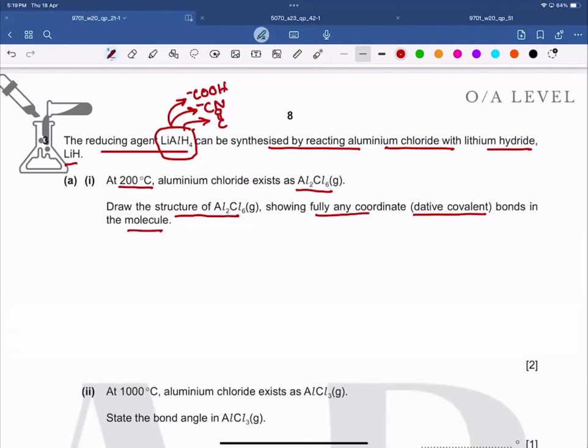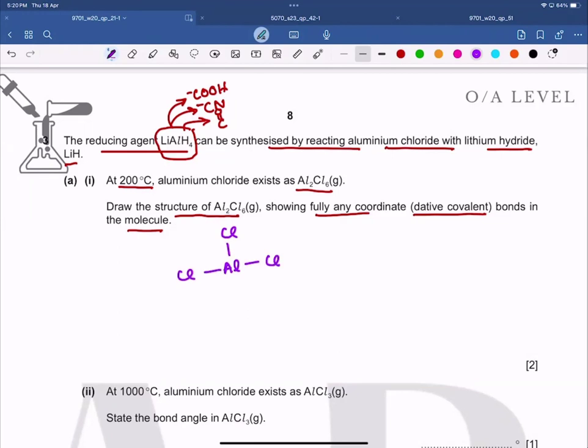Okay, so it means you have to show the bonds. Sometimes students make a mistake over here, they draw the dot and cross. If you make the dot and cross, you will not get any marks. So you have to show the bonds only, with the covalent bonds shown by simple lines, and the dative bond shown by the arrowhead line. So we know one aluminium chloride is AlCl3, in which there are 3 covalent bonds.